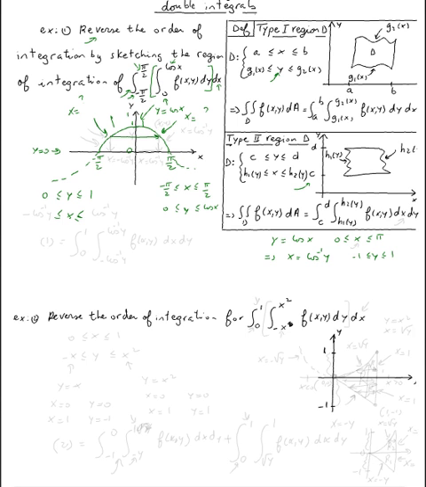So basically, if we pick, where's the x? So this is the x. So this will be x equals cosine inverse of y.